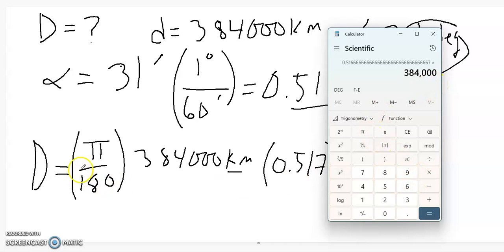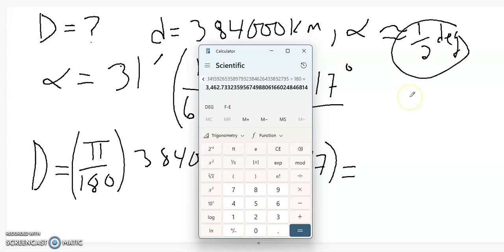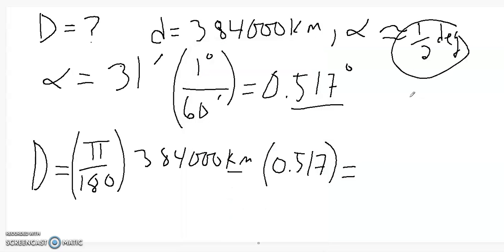Kilometers, and then notice you have to multiply by pi, so then times pi, and then divided by 180. All right, and notice from this calculation, here, let me move this over here, it comes out to be 3,400 and. So let's do this.